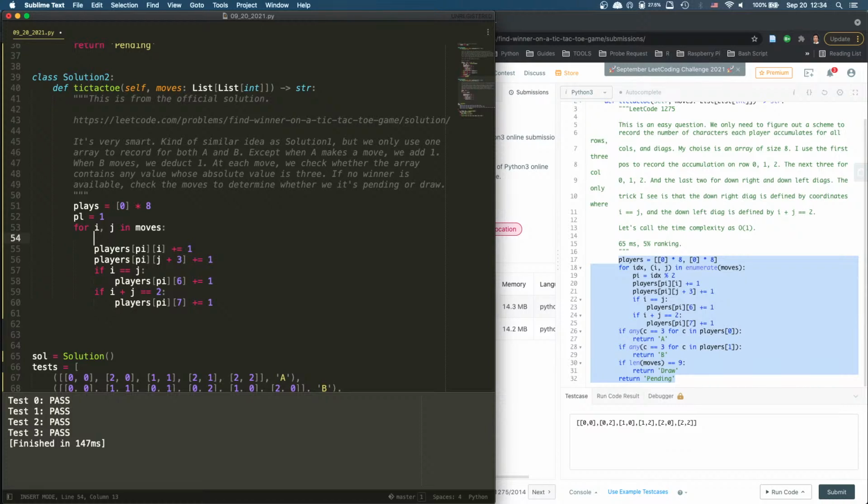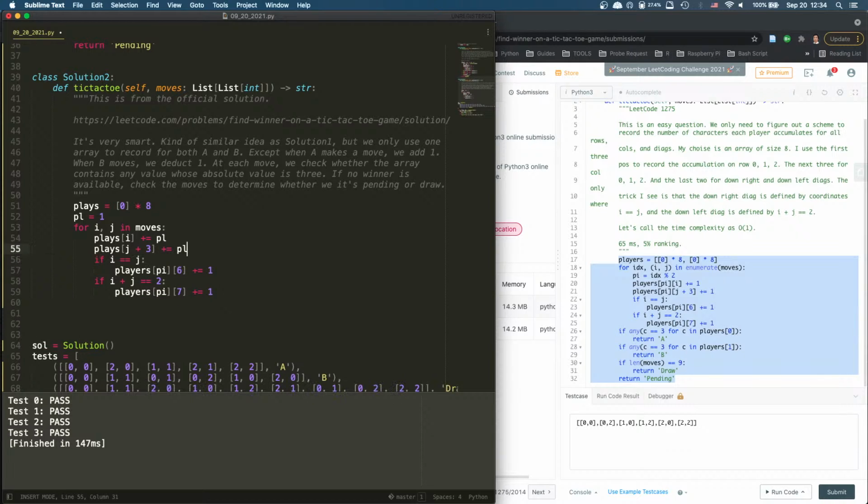Now what we're going to do is plays i plus equal to play, and plays j plus 3 plus equal to play, right? And then if this, then plays 6, right?